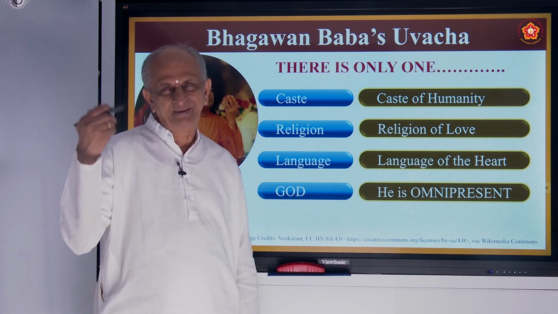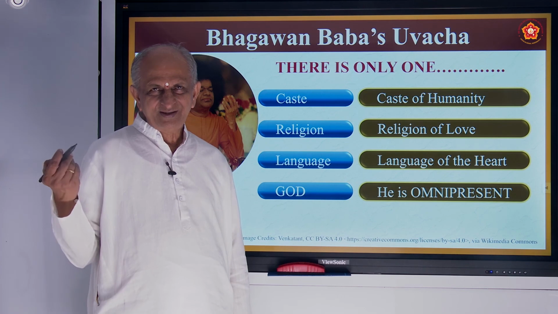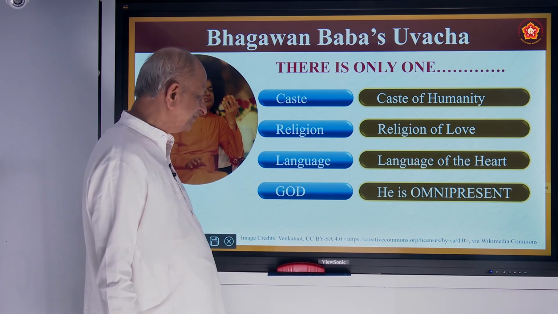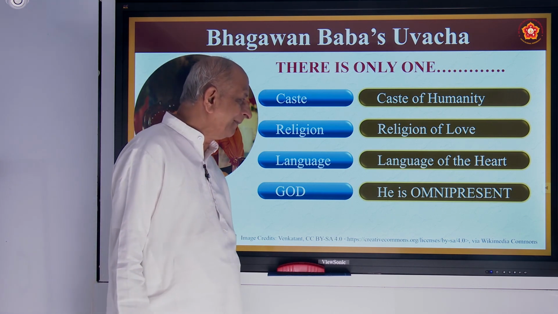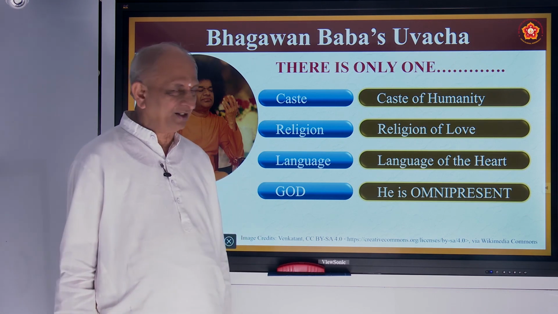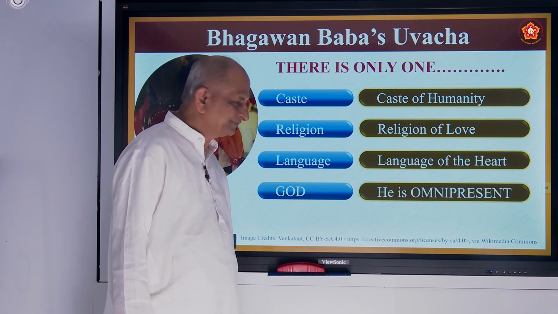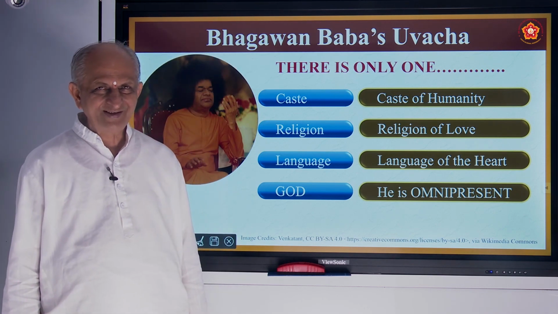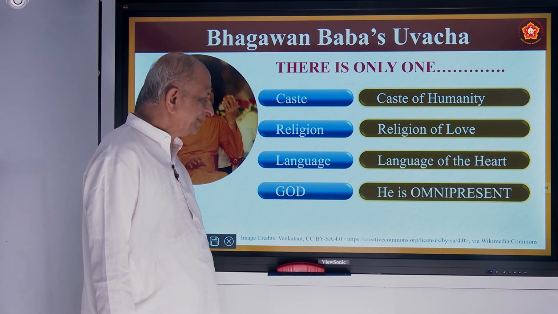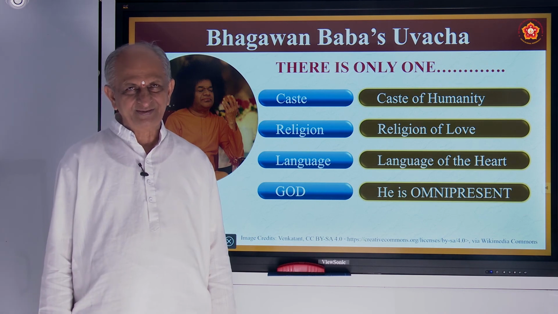We call Him by any name: Ishvara, Allah, Paigambar, Jesus and all. But He is omnipresent. He is within us all the time. So this is what Bhagawan Baba says. Very interesting, no? Okay, try to practice, and then try to answer the home assignment. Come prepared with the answers.